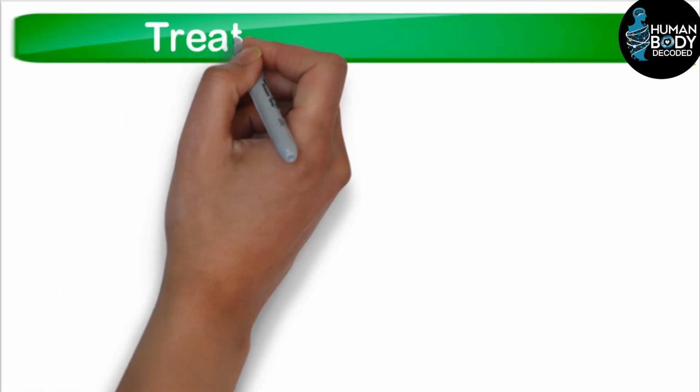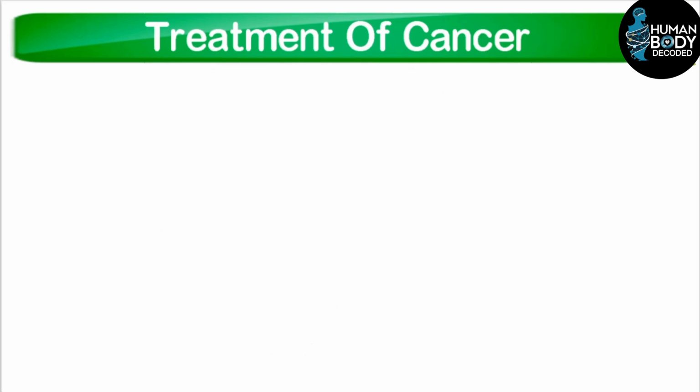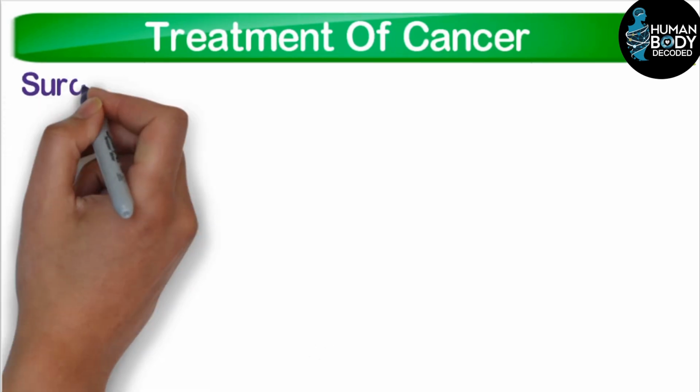Now let's move to cancer treatment. Someone has cancer. What treatment is possible for it? This is a list of some treatments I am telling you. These are all treatments that I will explain in full detail later. First, I will tell you the names. If someone has cancer, we can remove that cancer through surgery.